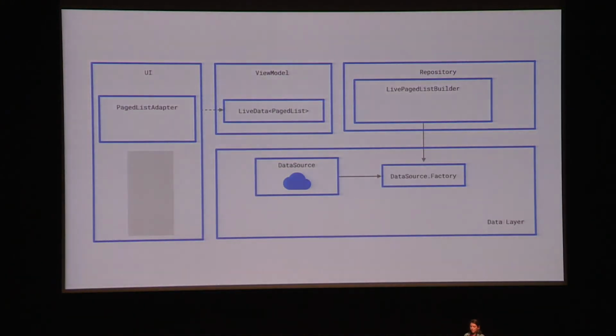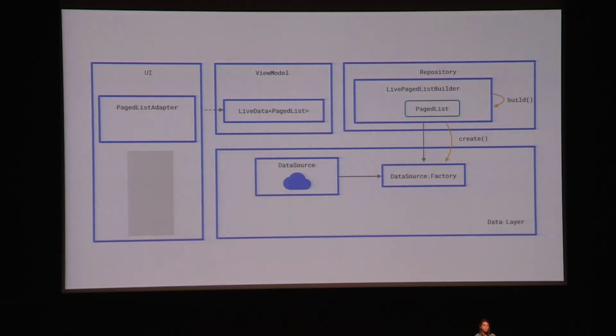Okay, so let's see a bigger picture of what's going on under the hood with the paging library. The first step is to build the LivePagedListBuilder. When we're building the LivePagedListBuilder, it automatically triggers the create method from the data source factory, which then creates the data source. Then, based on that data source, the LivePagedListBuilder will build a PagedList.